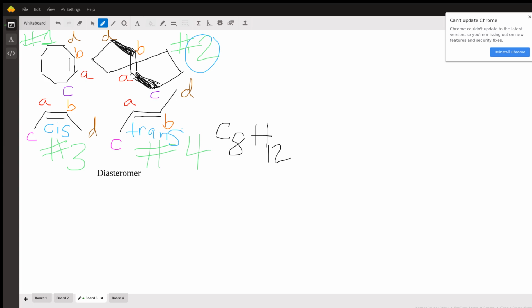Specifically, you can see it's a diastereomer because carbons A and B are the carbons of the double bond, and carbons C and D are what make the cis and trans in the two different situations. So this is the answer: this compound is a diastereomer. Also, an extra clue: all double bonds are diastereomers because they're always going to be cis and trans.